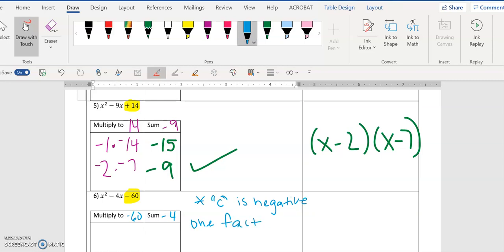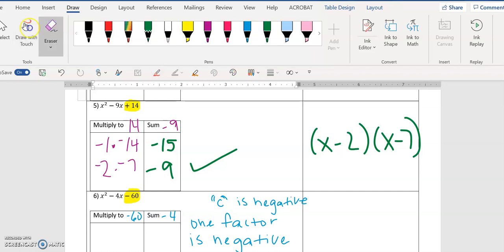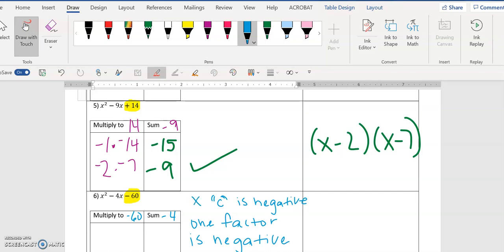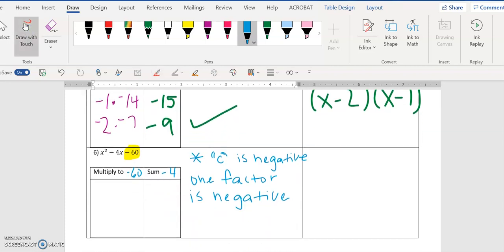And these are the hardest ones to figure out. These are going to take you the longest time. These are the ones that are going to stump you the most. The reason for that is a positive number times a negative number is negative. Let's try to figure it out.